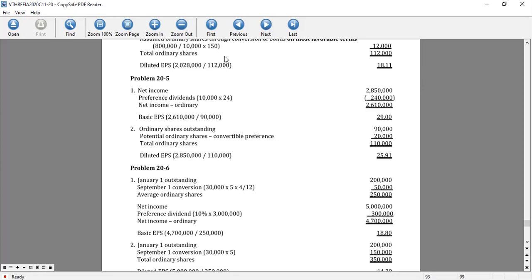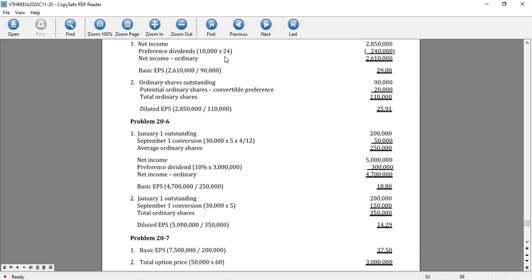So on January 1, outstanding is 200,000. Then we add September 1 conversion of 150,000 shares. The total ordinary shares is 350,000. So the basic earnings per share was computed above, 4,700,000 divided by 250,000 shares. That was in 20.6, no?